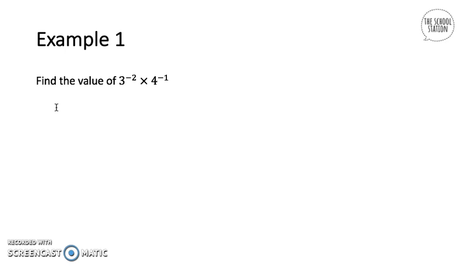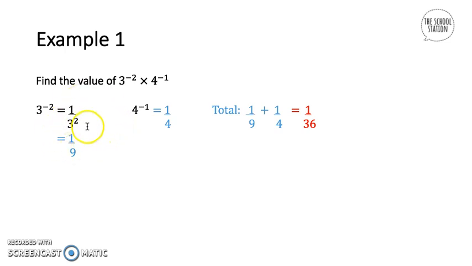Alright guys, I hope you have actually tried this out, but here is the answer. First of all, we converted 3 to the power of minus 2 to 1 over 3 squared. When you turn it into this form, you knock that negative sign off, and it becomes 1 over 3 squared, which is 1 over 9.